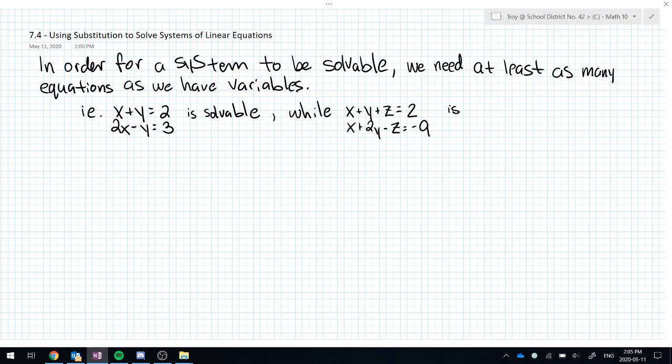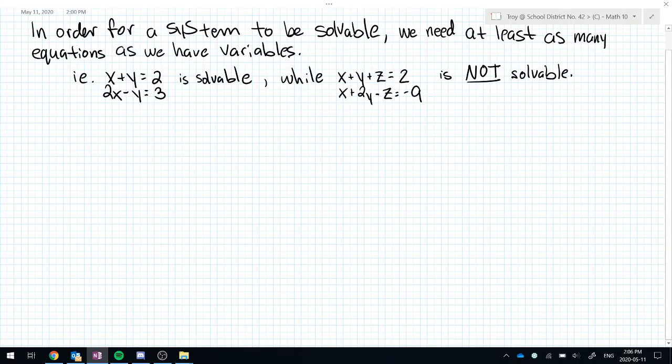So it does not have at least as many equations as it does variables. So this one would be not solvable. Okay, but like I said, pretty much any system I give you is going to be solvable. So I'm just going to show you the method step by step with an example.